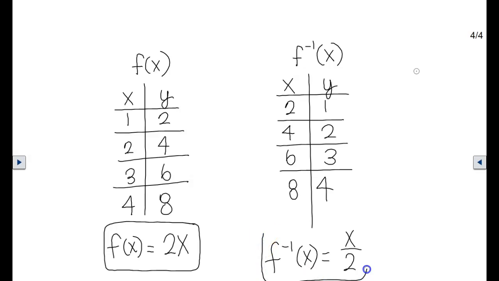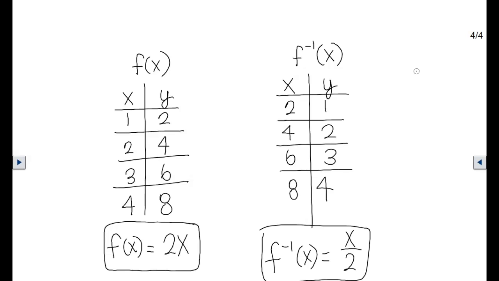And again here, I want you to notice the connection between these rules. f of x tells me to take 2 and multiply it by x. So it's multiplying x by 2. f inverse of x tells me to take x and divide it by 2. And notice again there how multiplying by 2 and dividing by 2 are opposites of one another. So that's a characteristic that inverse functions ought to have. They ought to do opposite operations.